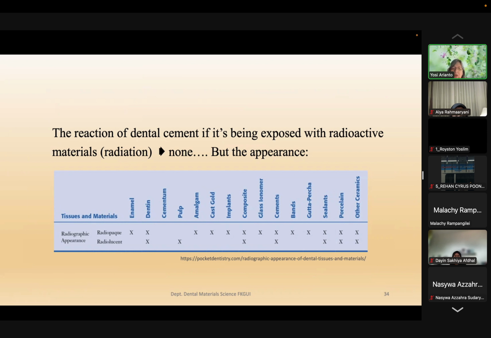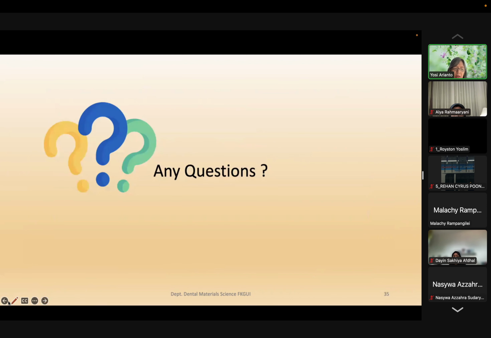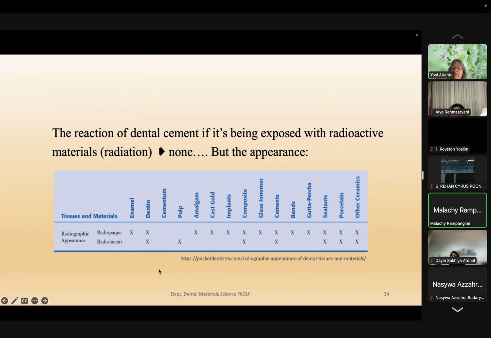yeah. So I'm sorry I didn't get the pictures. So you can see from the radiograph of dental amalgam, cement, and composite resin, there is a difference of the radiopaque.